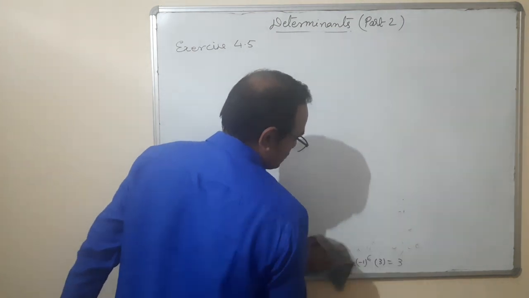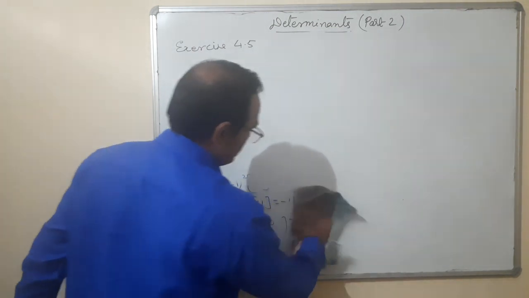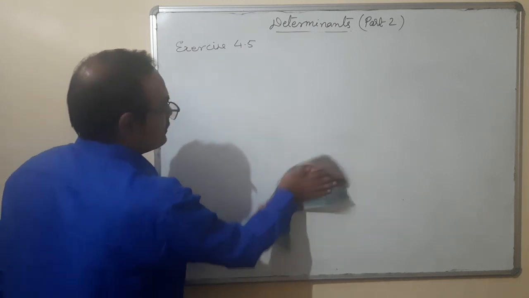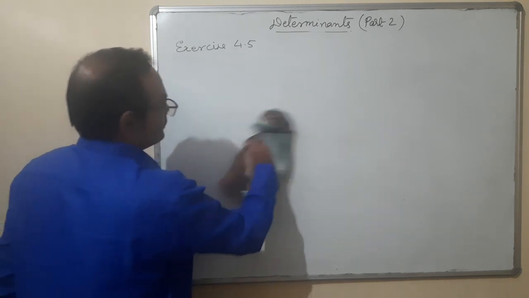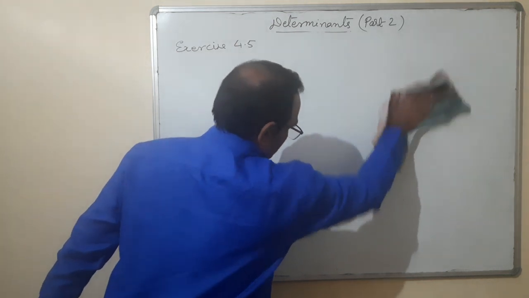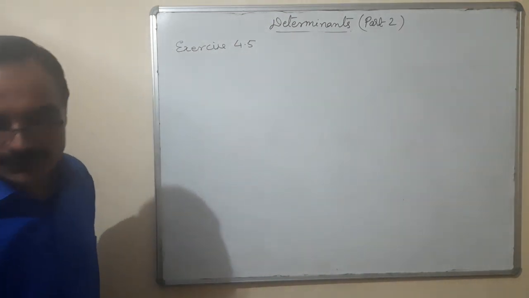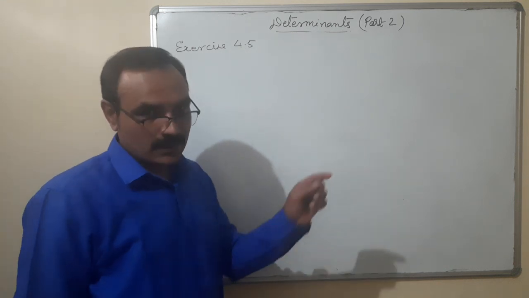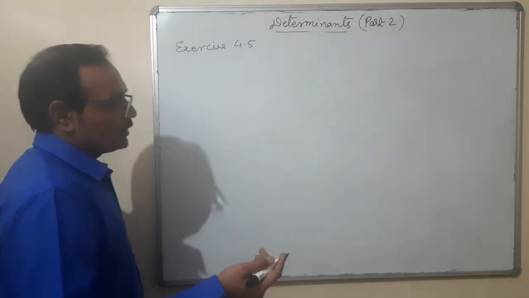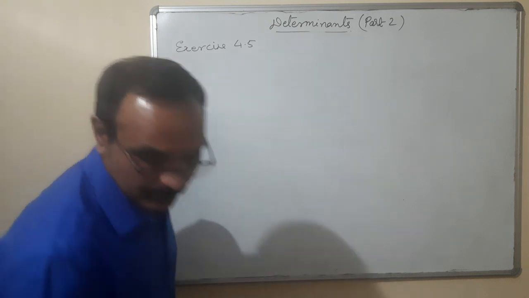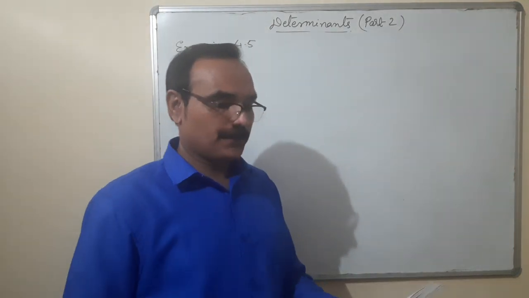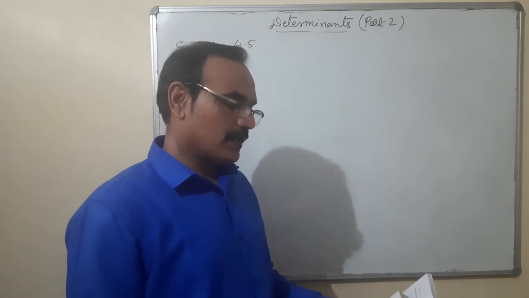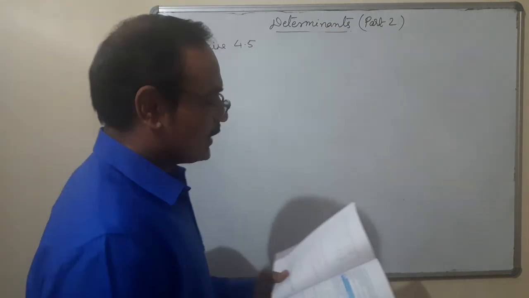The 2 cross 2 questions you will solve yourself, where the adjoint and other elements are not very difficult. Just leaving the specified row and column, whatever element is left is simply the cofactor with minus 1 to the power 2, 3, 4, whatever it is. Here I am taking one question from 5 to 10, question number 9.